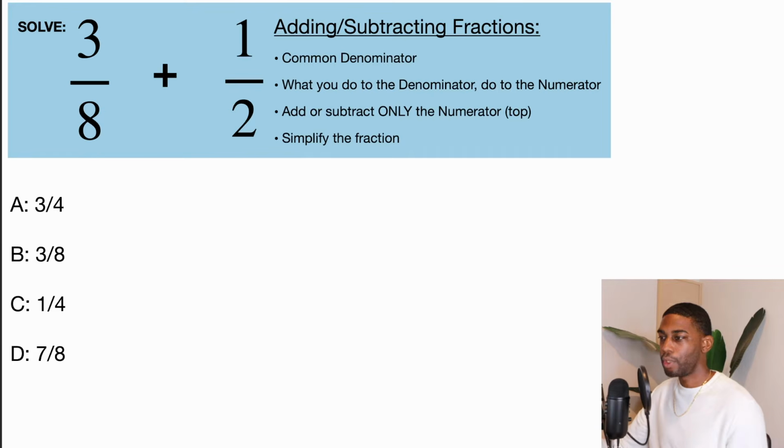So we have 3 over 8 plus, and then on this side, how do we make this 2, or this denominator over here, 8? Isn't it true that we would have to multiply by 4? 4 times 2 is 8.